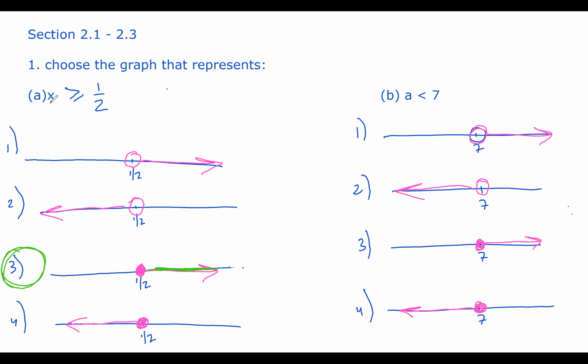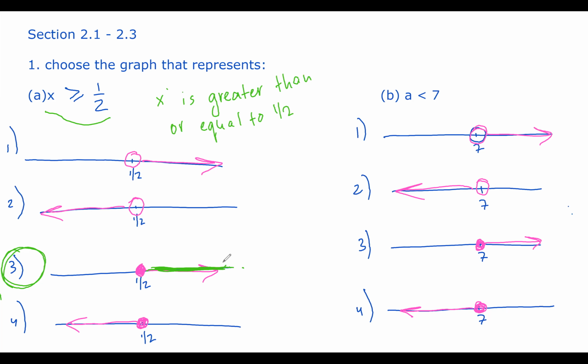And this is exactly what it says. X is greater than or equal to 1 over 2, so that's exactly greater than.